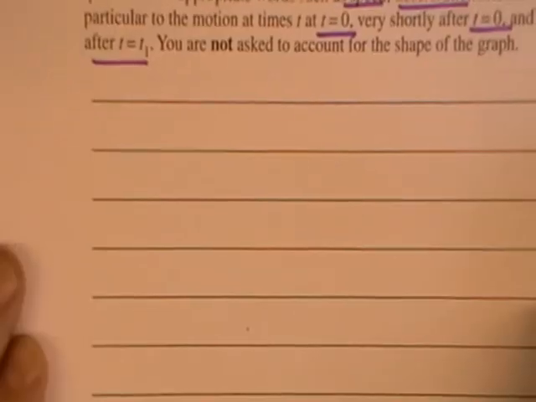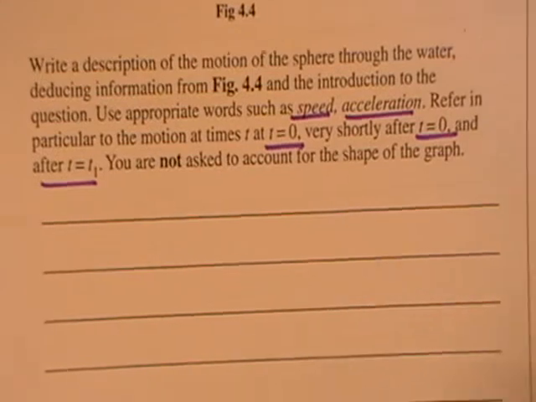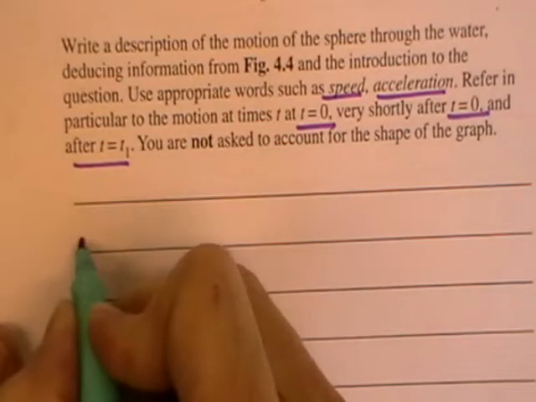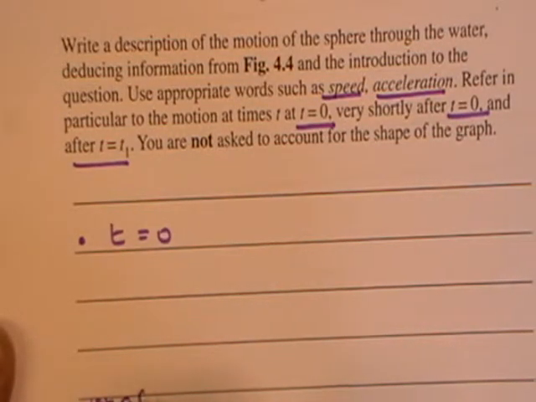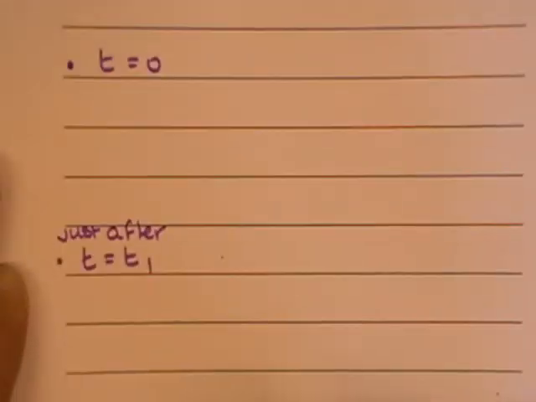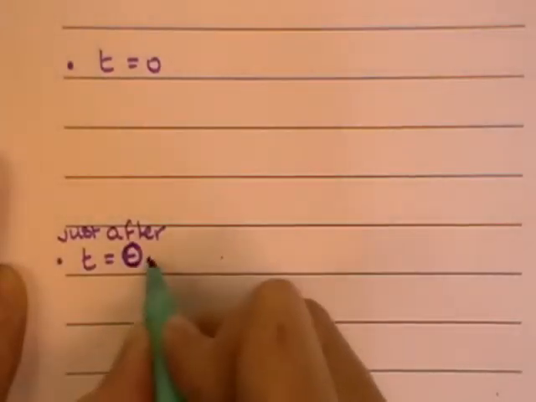So we're going to write 3 sections in this to try. There's 5 marks available and 1 for your quality of written communication. So we're going to write 3 wee bits down the side to make sure we don't leave anything out: t equals 0, just after t equals 0, and then the last one is t equals t1.